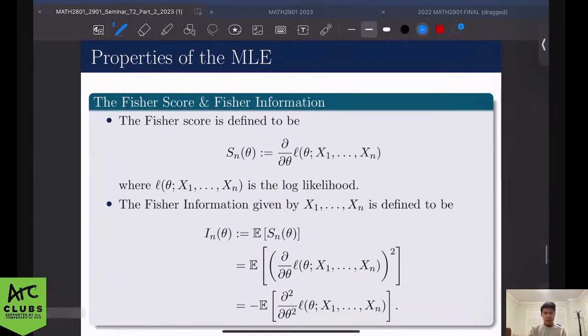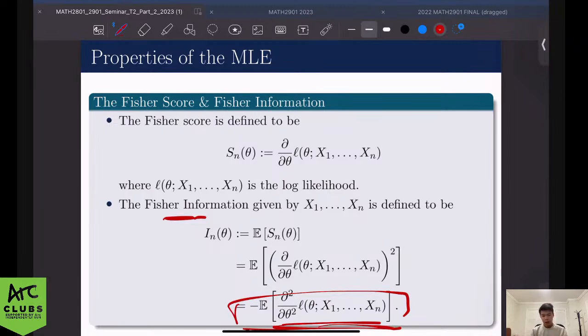Next thing is the Fisher score. The Fisher score is defined as the derivative of the log likelihood function with respect to theta. The reason it's important is because you can calculate something called the Fisher information, which is the expected value of the second derivative of the log likelihood times minus 1.